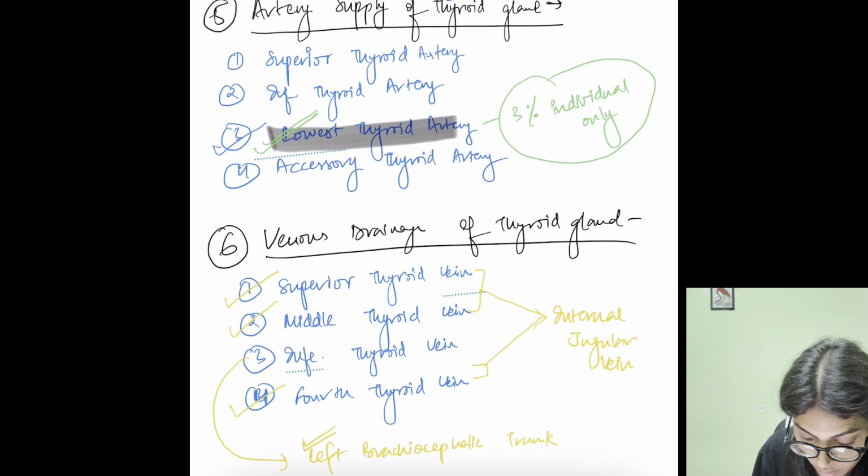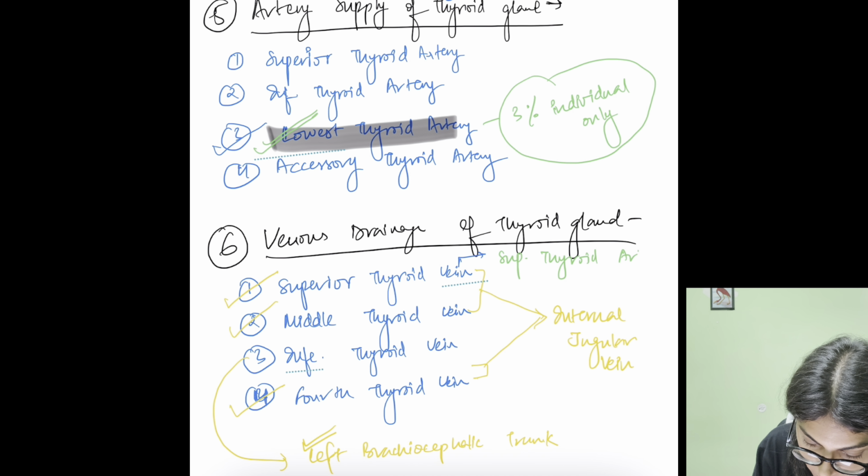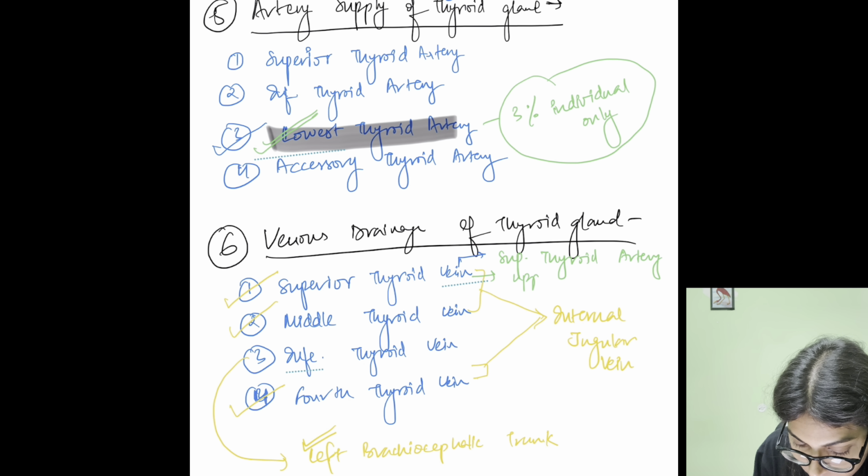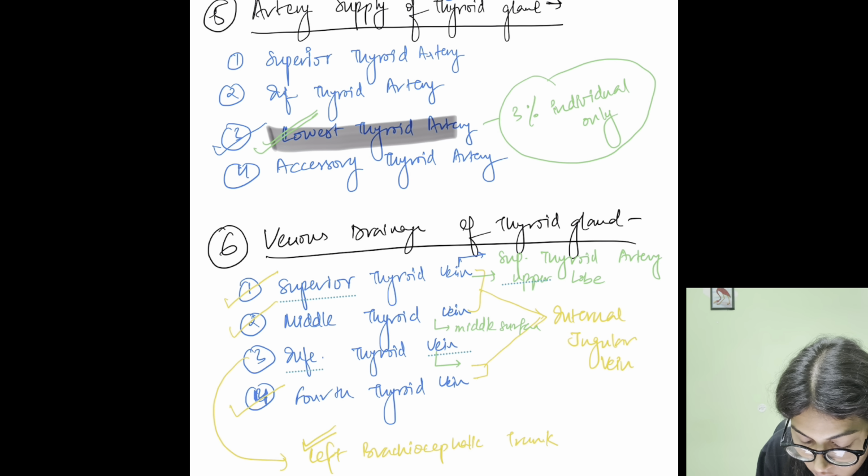This superior thyroid vein accompanies the superior thyroid artery. It is present in the upper lobe. The middle is present in the middle surface, and this is present in the lower lobe.